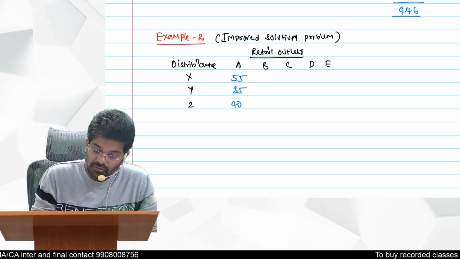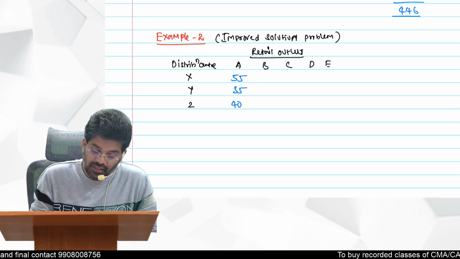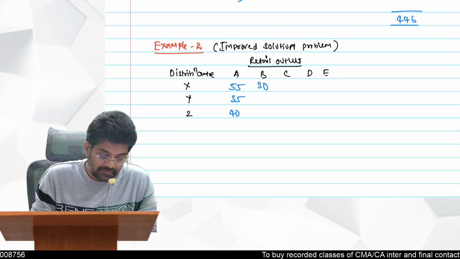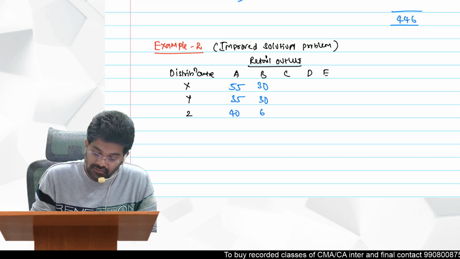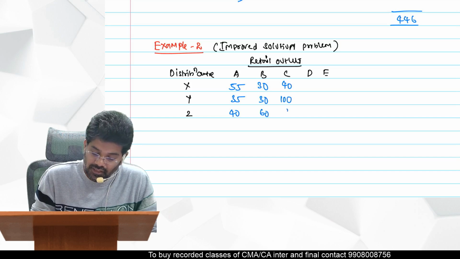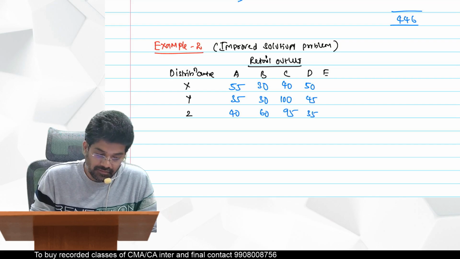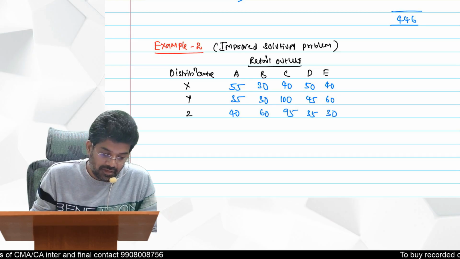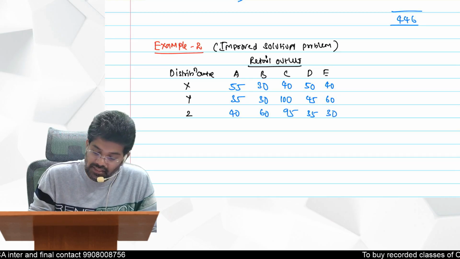This is 55, 35, 40, 30, 30, 60, 40, 100, 95, 50, 45, 35, 40, 60, 30.